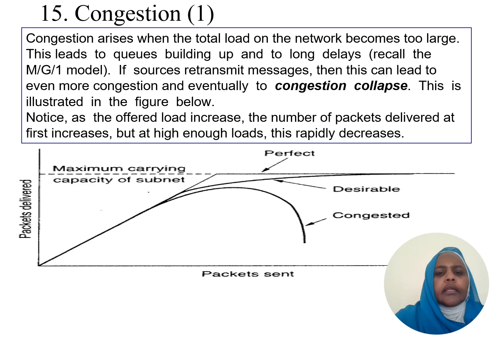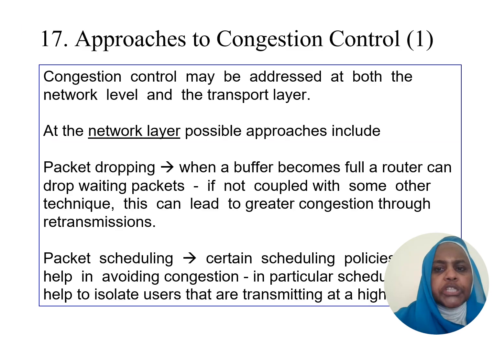Usually, the more packets sent, the more packets are received, until we reach a point where the network is saturated. Then the network will be congested and the number of packets received will drop while the number of packets sent is increasing.